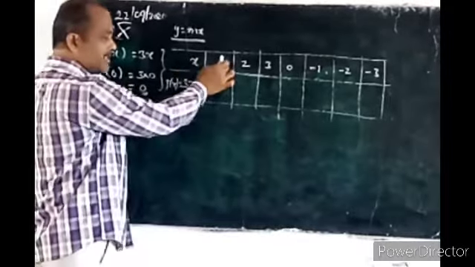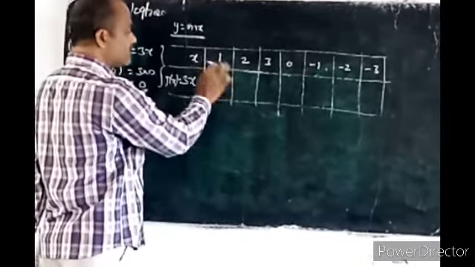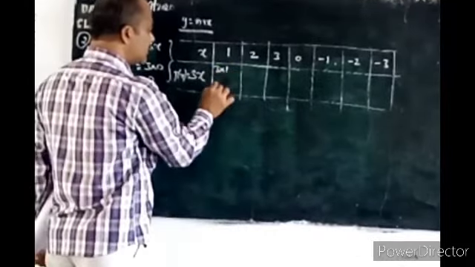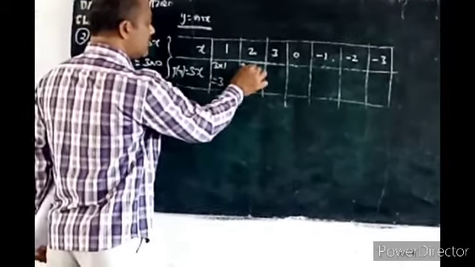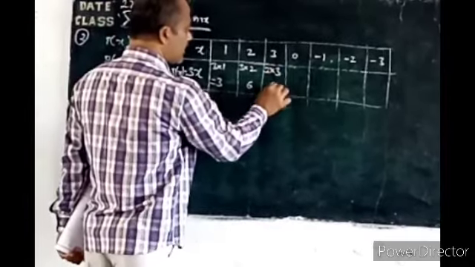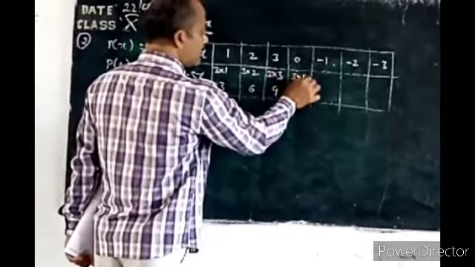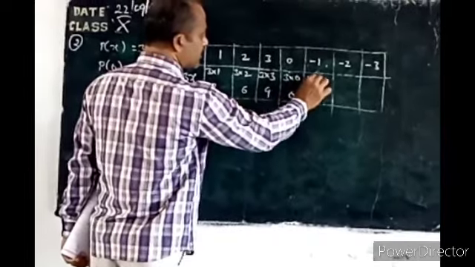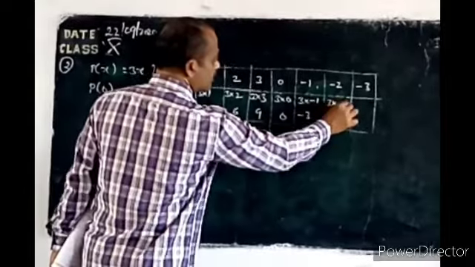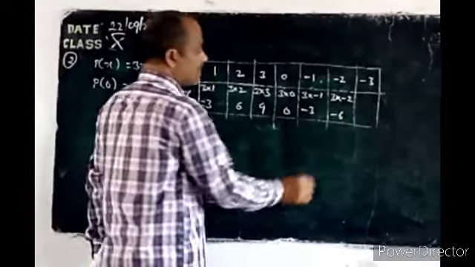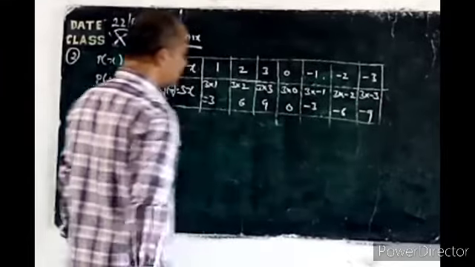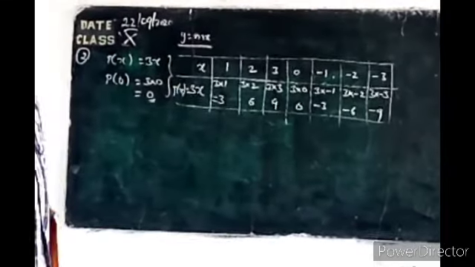X value taken here is 1, so 3 into 1 is 3. 3 into 2 is 6. 3 into 3 is 9. 3 into 0 is 0. 3 into minus 1 is minus 3. 3 into minus 2 is minus 6. 3 into minus 3 is minus 9.